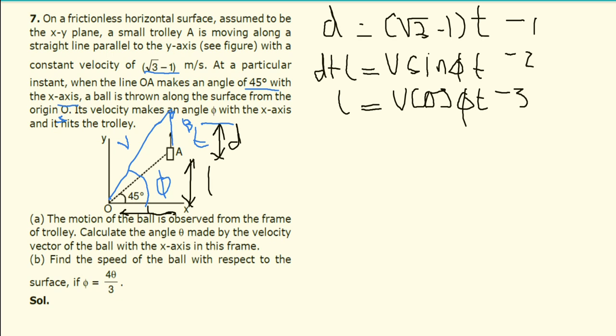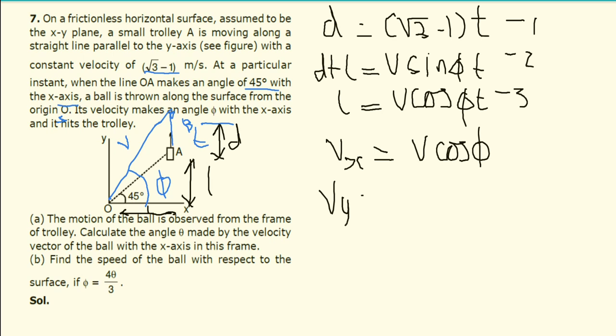So we have to calculate the angle made by the velocity vector of the ball with respect to the x-axis. Along the x-axis the relative velocity will just be the horizontal component of the velocity of the ball, which is v cos phi, since the trolley has no component along the x-axis.